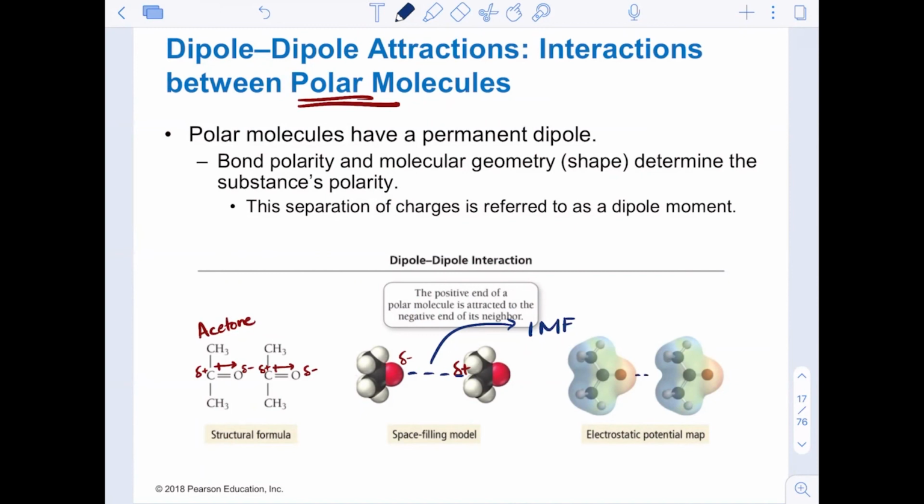We can see that in these electrostatic potential maps. These are really helpful for us. We actually can calculate these and do a lot of mathematical representations, where red areas are areas of high electron density, blue areas are areas of low electron density. So we can think delta minus, delta plus, delta plus, delta minus.